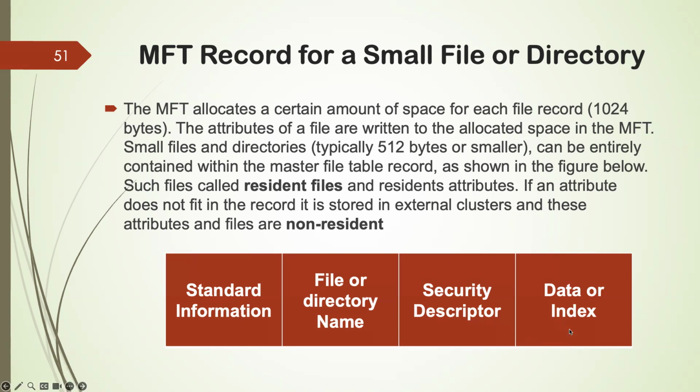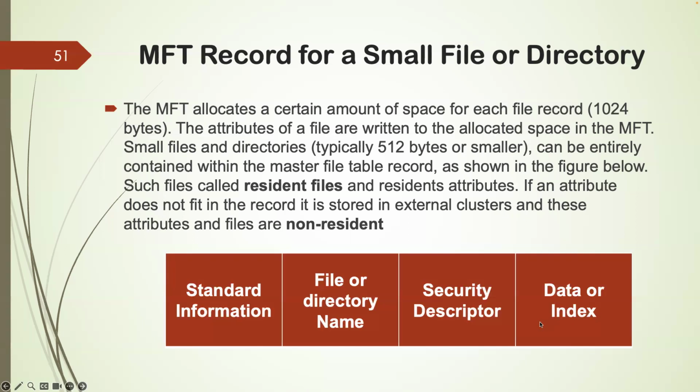So then some of this data will be stored in other sectors on your hard drive, and the pointers to those sectors will be stored here. So if an attribute's content is stored on some other clusters on your hard drive, and just the pointers are available there, then those attributes become non-resident attributes.